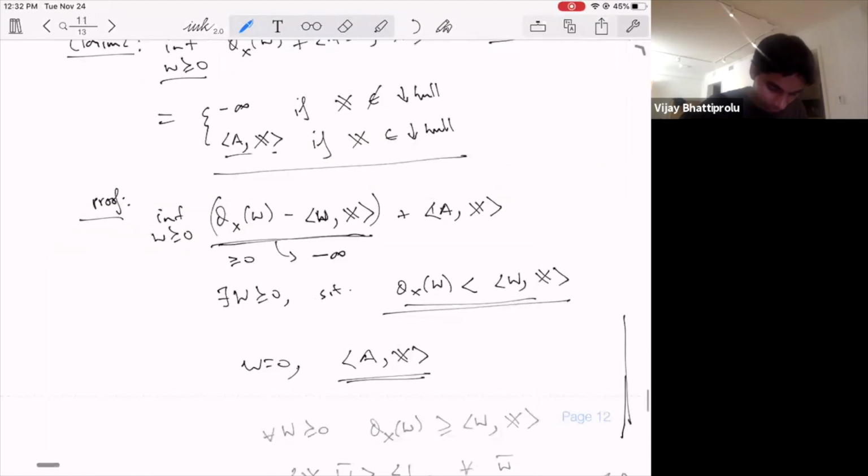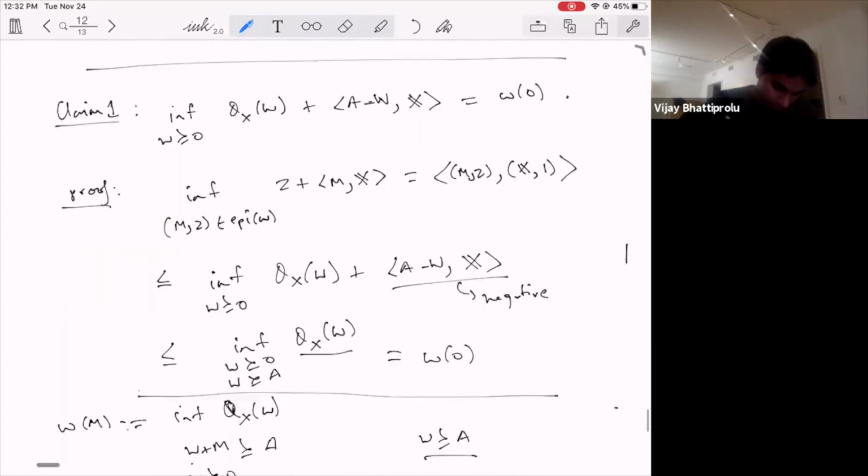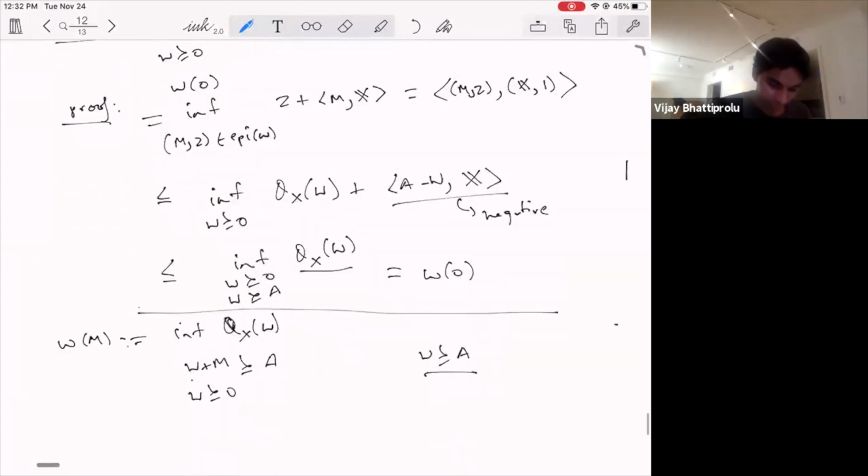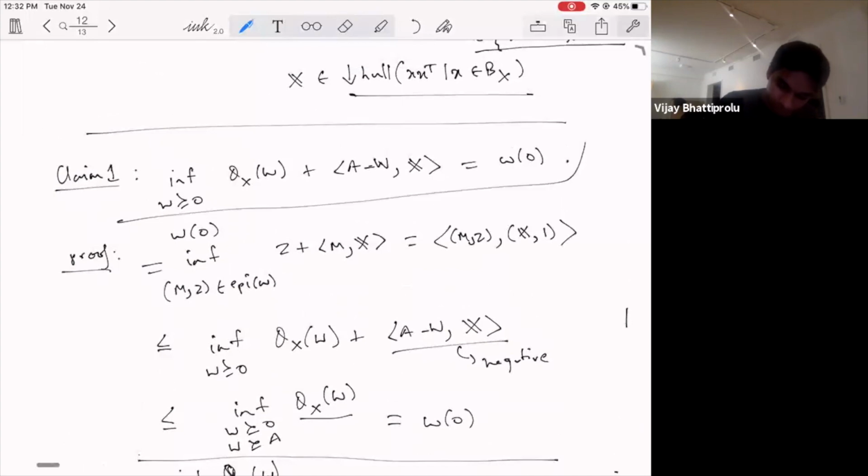So we started this infimum actually with the following equality: omega of 0 is equal to the infimum of the tangent hyperplane over the epigraph. So we have this chain of inequalities that start and end with the same thing. Therefore, we have proved the desired equality.